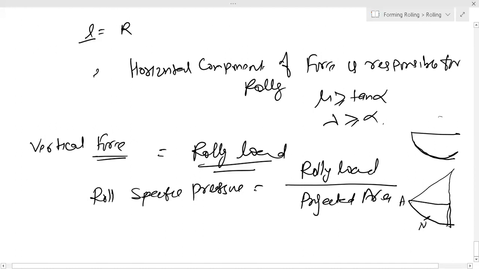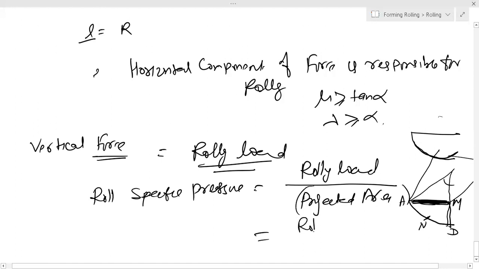This is your A and B, this is your theta. So this is your projected length L, and projected area will be this into width.